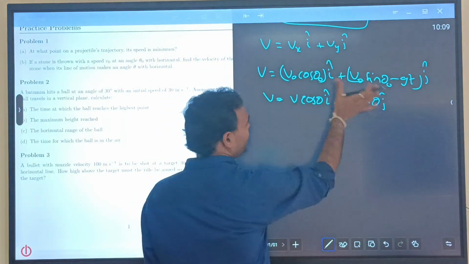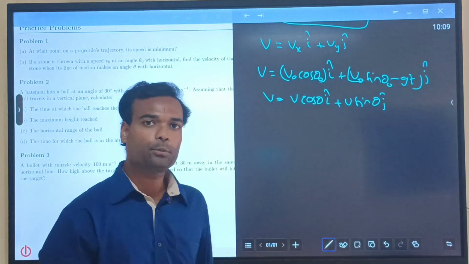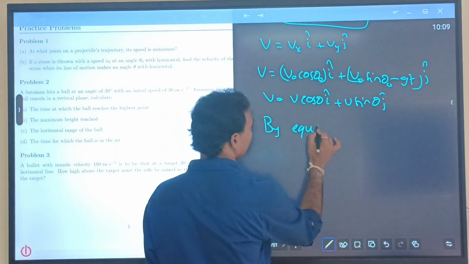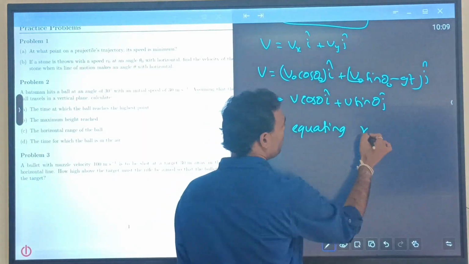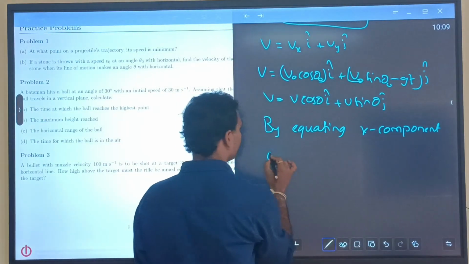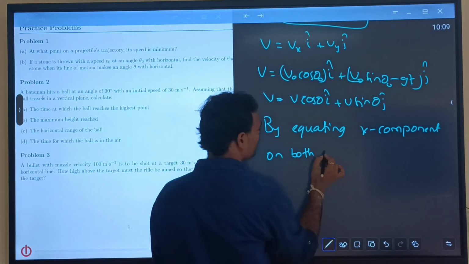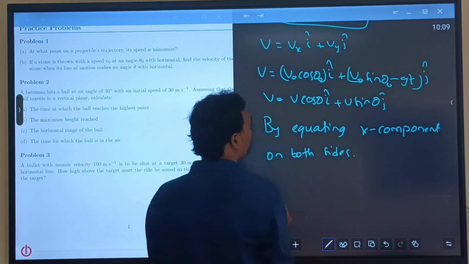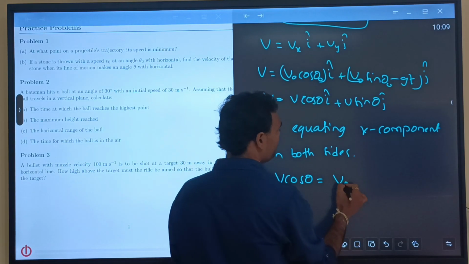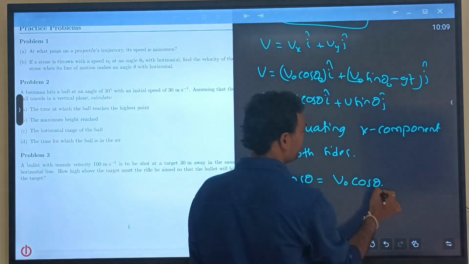Now, by equating the x components on both sides, v cos theta is equal to v naught cos theta naught.